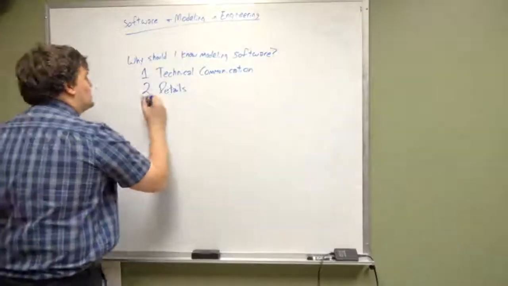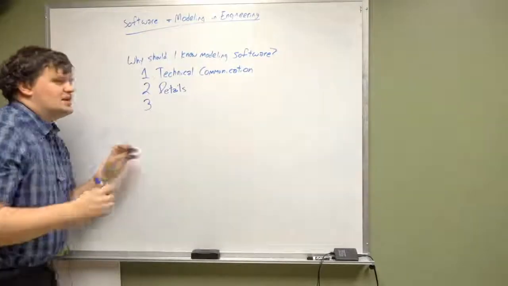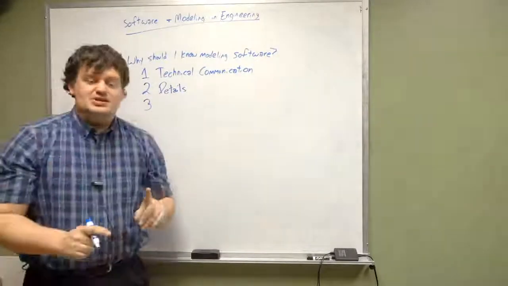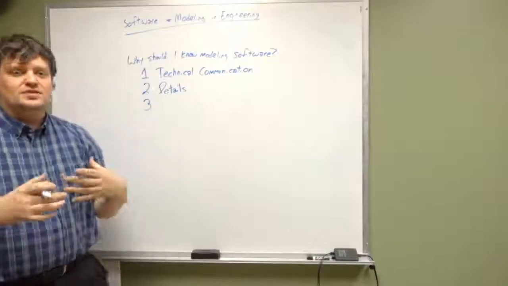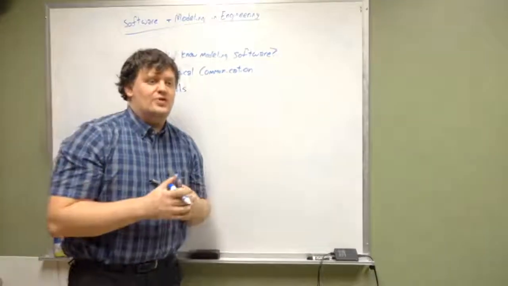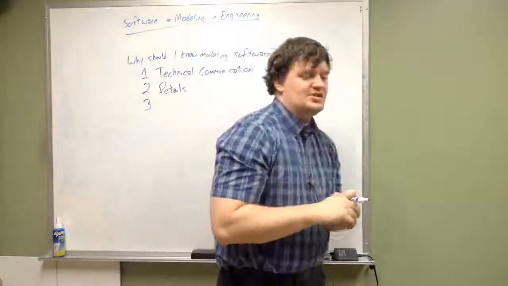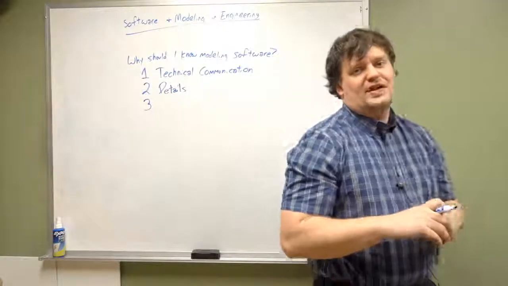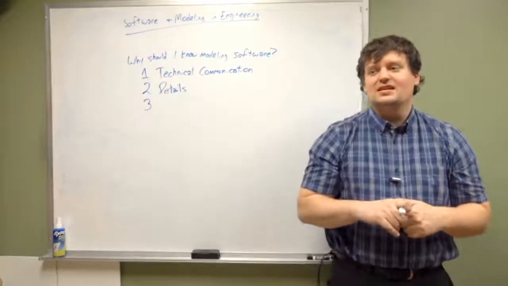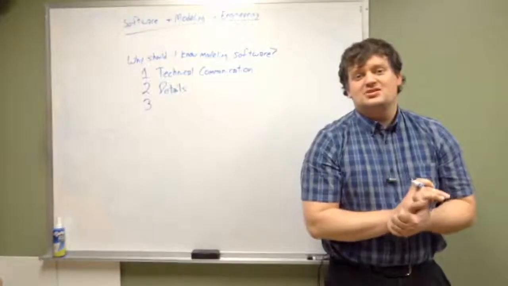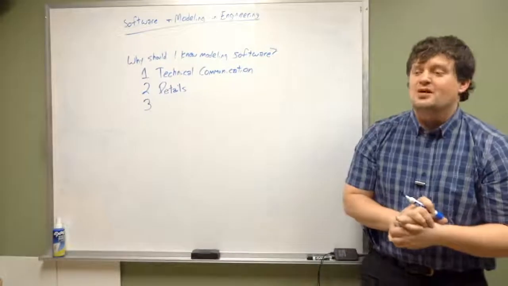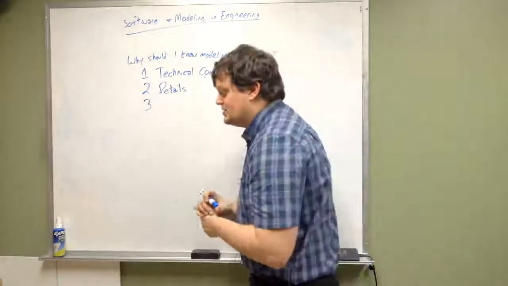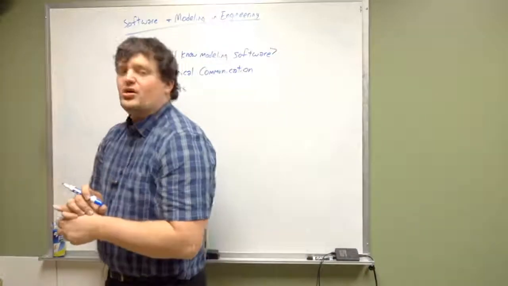So the third reason why you would need to know modeling software. Now, as your generation would know, the advent of the iPhone allowed for a lot of things that previous generations didn't have. FaceTime is something that the generation before you dreamed about. The generation before them thought about the ability to have a video call with other people.